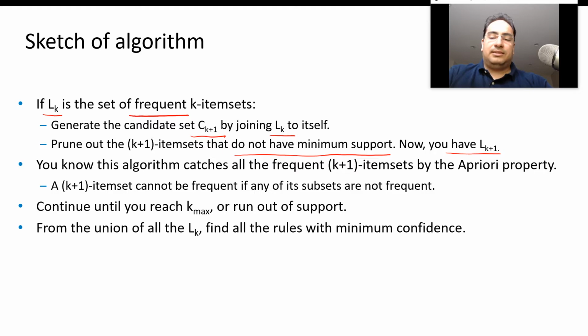So basically, in other words, we find out the items that are frequent. We try to create items of size K plus 1, like if you have item sets of 1, we create item sets of size 2 and find out if they are also frequent. And if they're frequent, then we have the frequent item set of size LK plus 1.